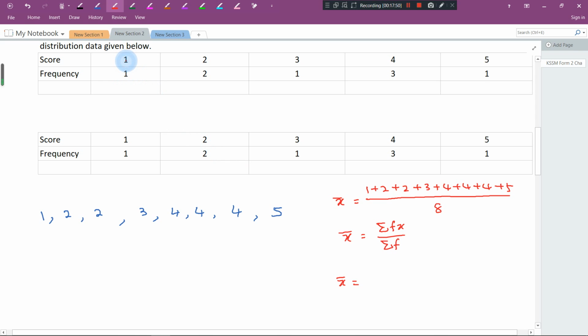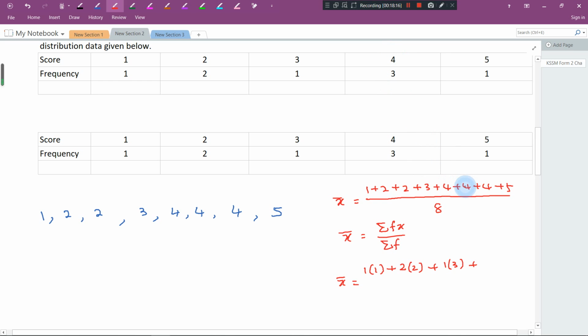So I have 1 times 1, frequency times data, plus 2 times 2. I don't have to write 2 plus 2, I just write 2 times 2, fx. 1 times 3. 3 times 4.